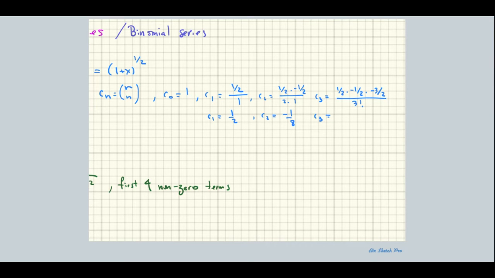C3, I'm seeing 1 negative times negative is positive. I'm seeing 3 over 8, and 3 times 2 times 1. That looks like 1/16, doesn't it? Okay. So it wasn't something that's really predictable. But there is the function now.